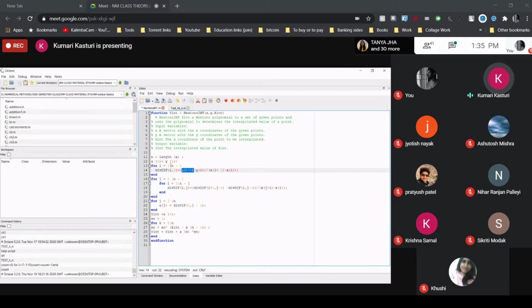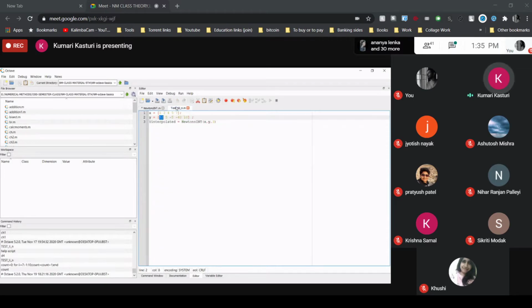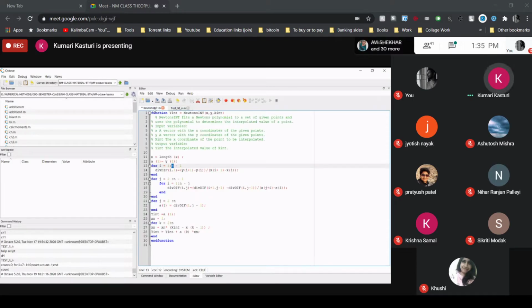Just try to understand what we want to calculate. See here carefully, i is from 1 to n minus 1. Why? Because n is 5 for this particular question, as the number of elements in x is 5. But how many first divided differences will be calculated? That is 4, right? So for that reason, the loop runs for 4.